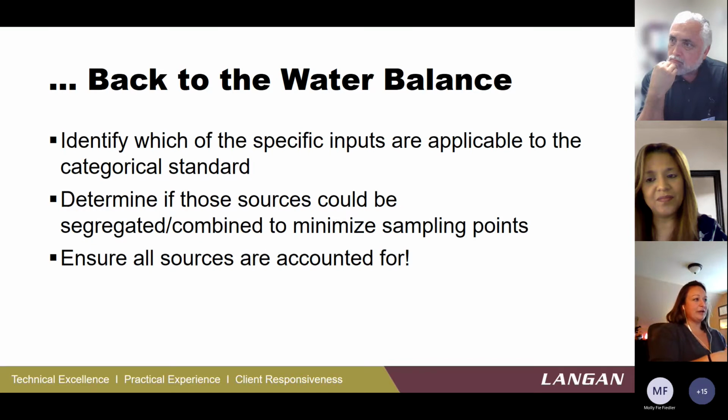Which things are going to be applicable to that categorical standard? Can I group them together and discharge to one treatment system, one sampling point, something like that? And make sure everything is accounted for. Most important thing. As you go through the process, you always find things you never knew about your process that then have to be put back onto the water balance.